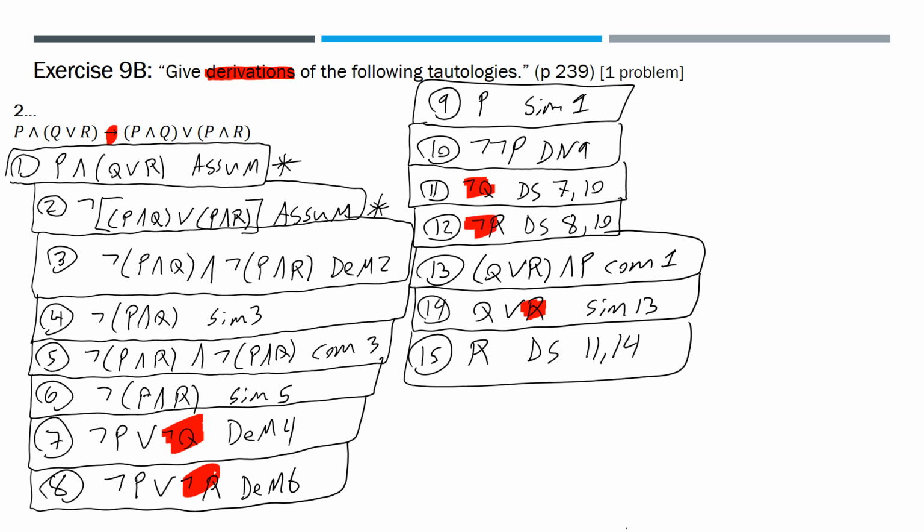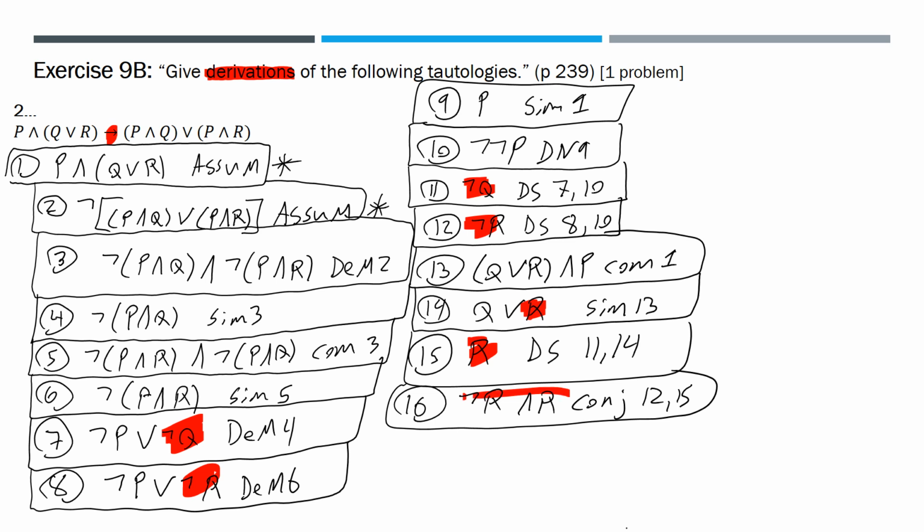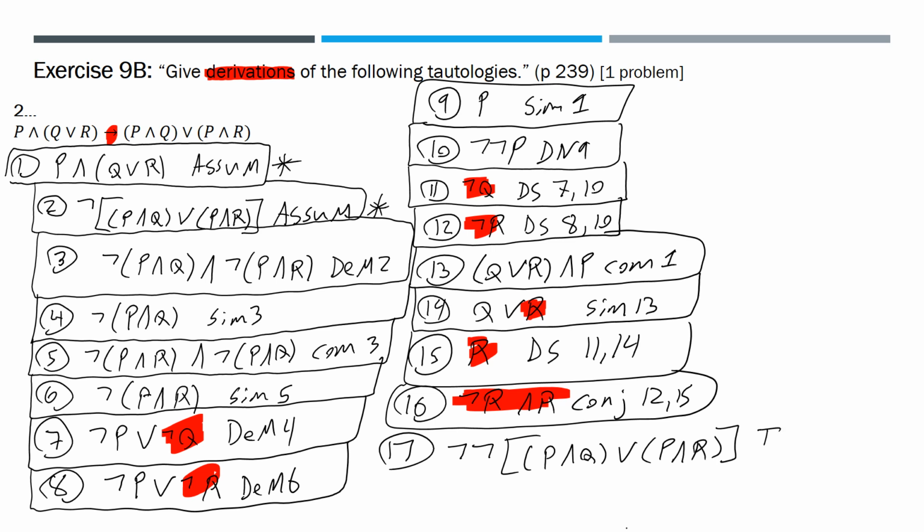We have a not R here and an R here. So for 16, we can get not R and R by the conjunction of 12, 15. But this is a contradiction. So for 17, we can then say it is not the case that brackets, parentheses, P and Q, close parentheses, or parentheses, P and R, close parentheses, close bracket, by our indirect proof with lines 2 through 16.